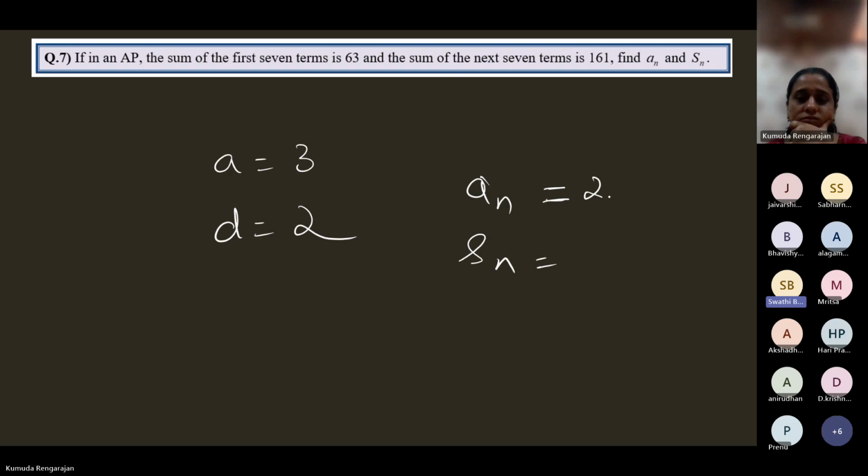Okay, you are giving me the equations you've got. We have come past all that. You got two equations, you solved them and you got the values of A and D, right? A is 3 and D is 2, correct? Yes, ma'am. So after that, we have to find AN and SN, right?